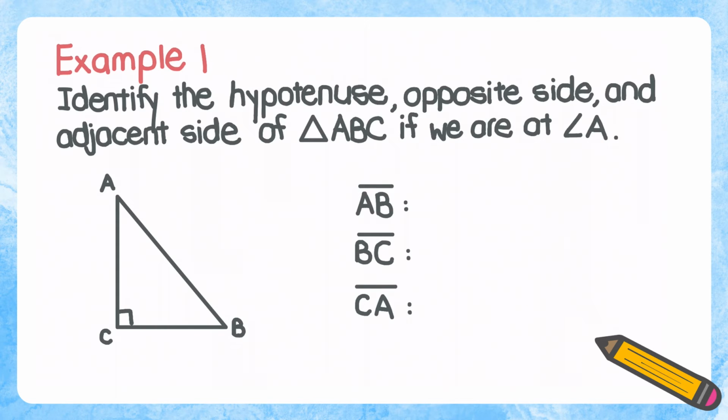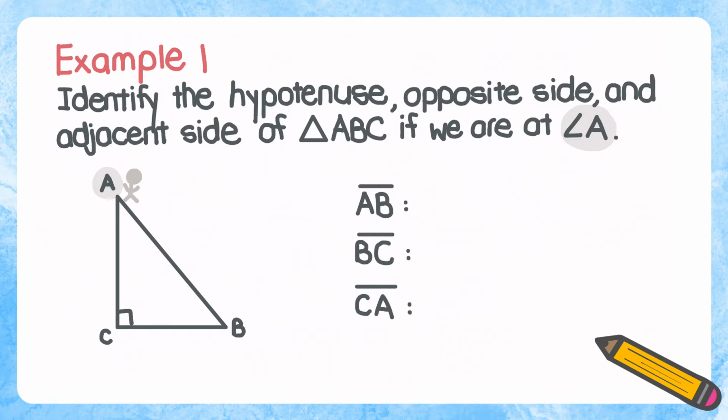Let's look at a few examples. For our first example, we will identify the hypotenuse, opposite side, and adjacent side of triangle ABC if we are at angle A. So we're standing at angle A. I like to usually draw a person here.